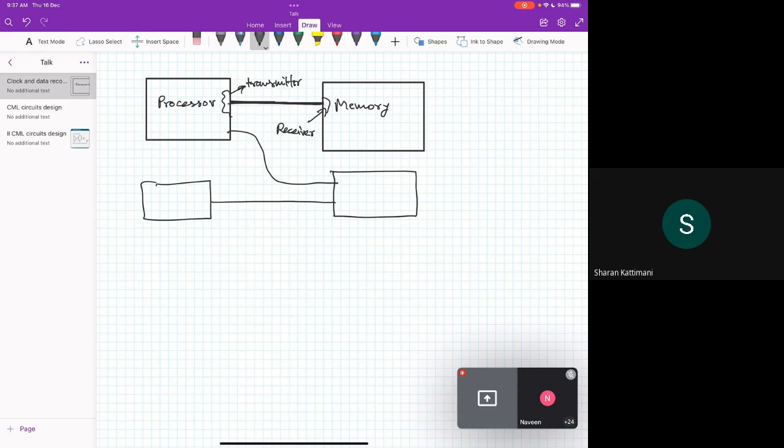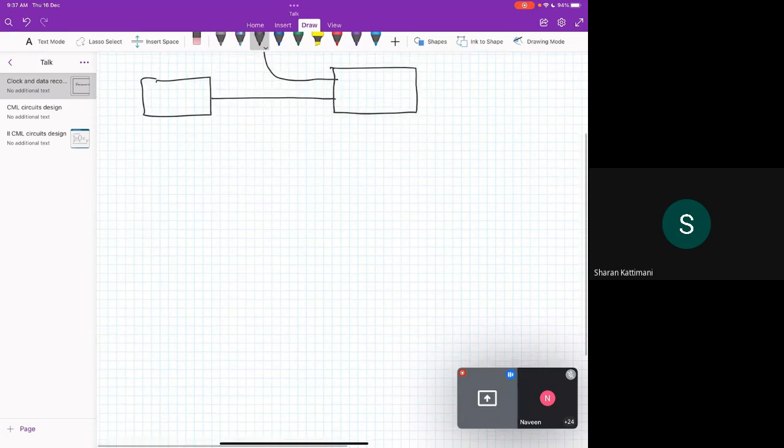So let's assume that we have data, maybe D1, D2, D3. So we have 3 data lines, and we want that RAM, or any other building block, should also receive the same data, D1, in the same form.